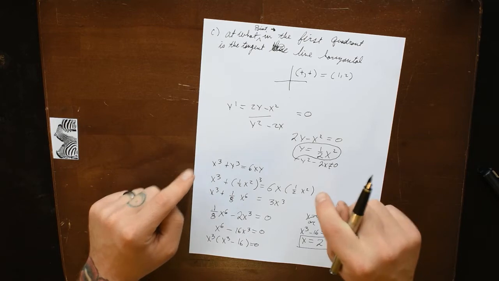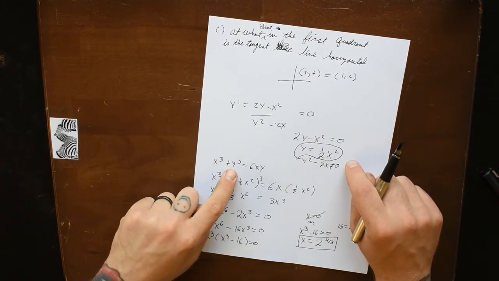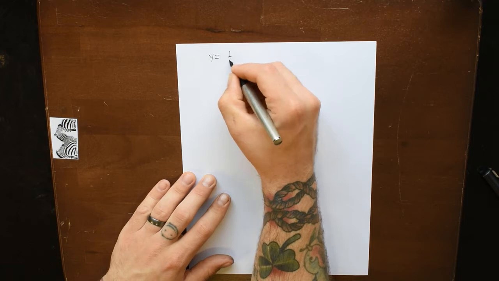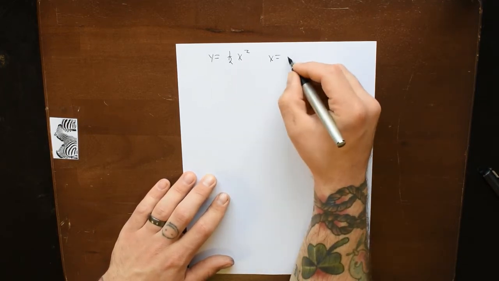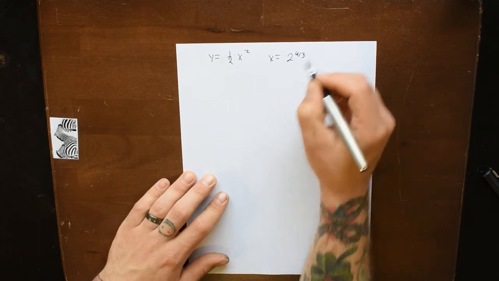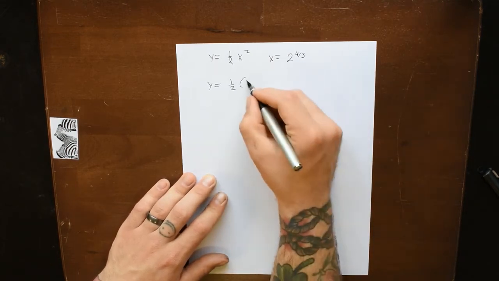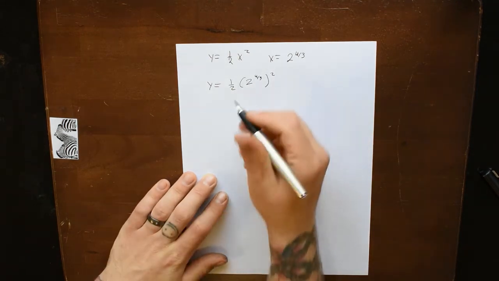Both of them will give you the value of y. This one will be harder to solve for. So, if y is equal to 1/2 of an x squared, and x is equal to 2 to the 4/3, that means y is equal to 1/2 of 2 to the 4/3 squared.